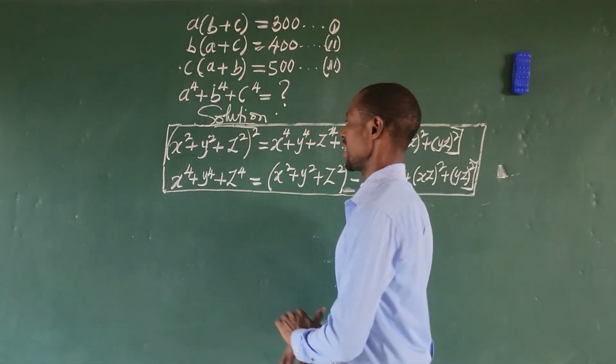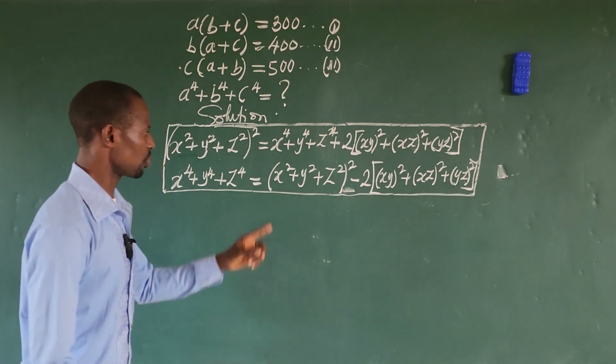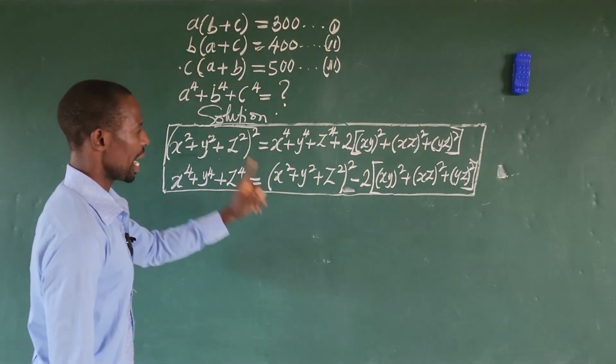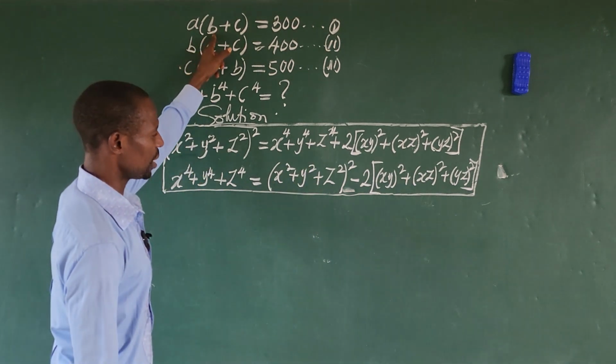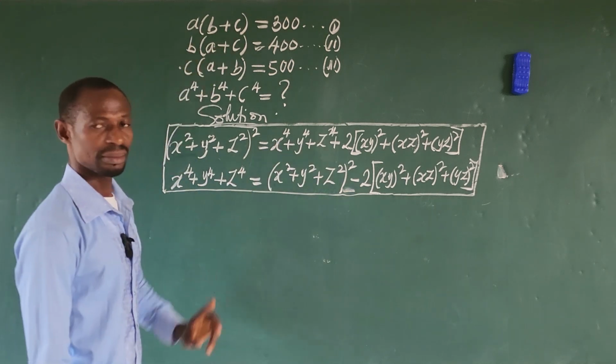So what comes to mind here is this. All we just need to do is to figure out how to get our x squared, because our x here is going to be a. How to get our y squared, and our y is going to be b. And get our z squared, and our z is going to be c.